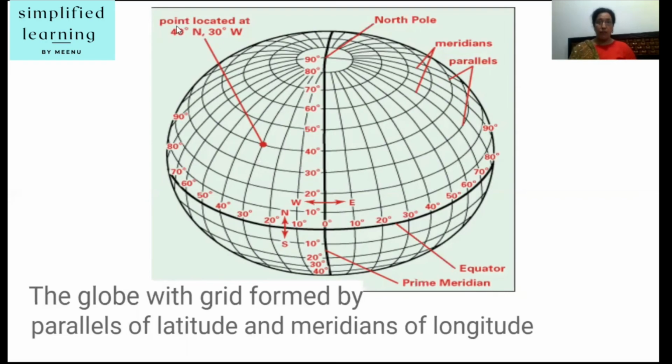For example, look at this point. It is located at 40° north and 30° west. It means this particular area is located in the northern hemisphere and in the western hemisphere. And we know the latitude and longitude also, which tell the exact position of this place.